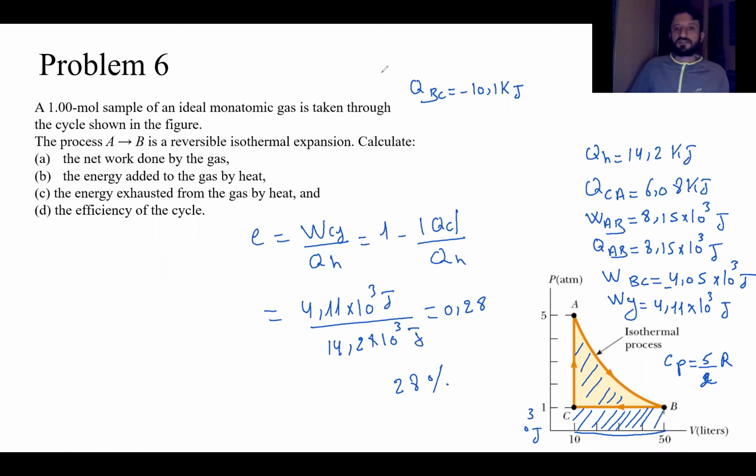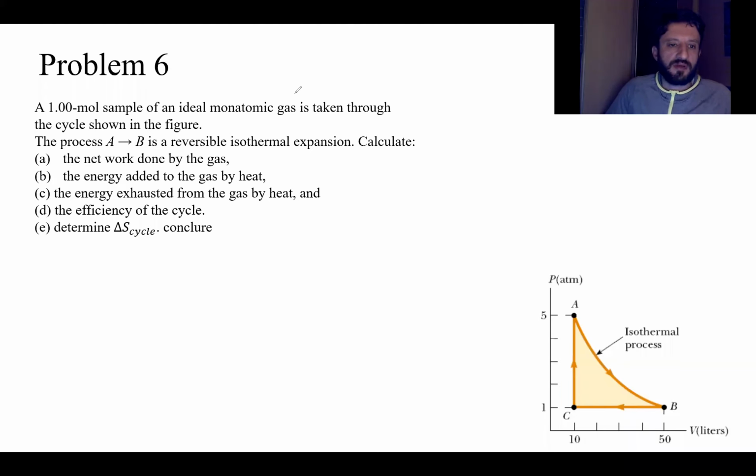That's all about this problem. I can add part E. Determine the entropy of the cycle, delta S. You know, delta S of the cycle equals delta S of AB plus delta S of BC plus delta S of CA.